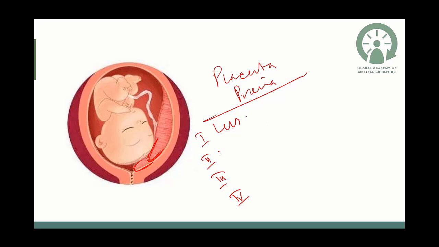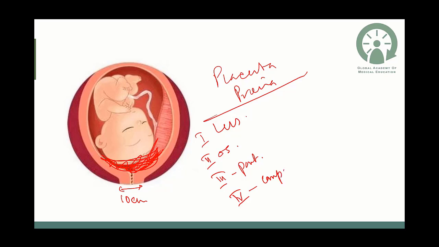If it covers the os in a way that once the os dilates, there will be space for the baby, that is grade 3, so partial. And grade 4 is when the entire os is covered by placenta, and even if the os becomes 10 centimeter fully dilated, the placenta will be presenting. So that is complete placenta previa.